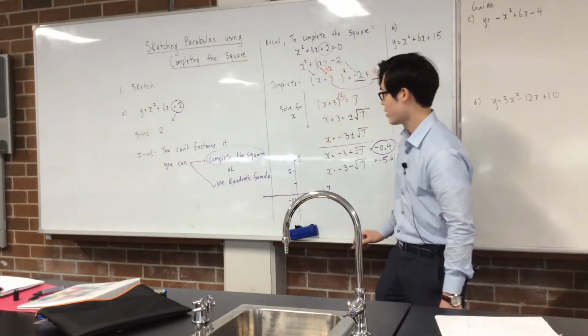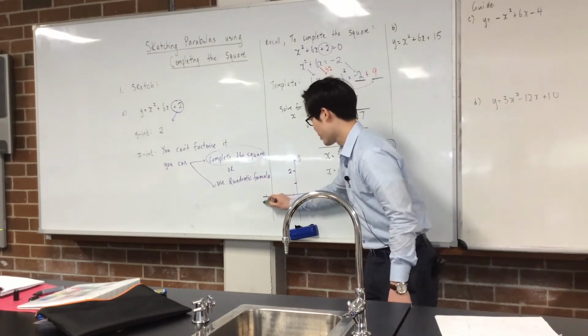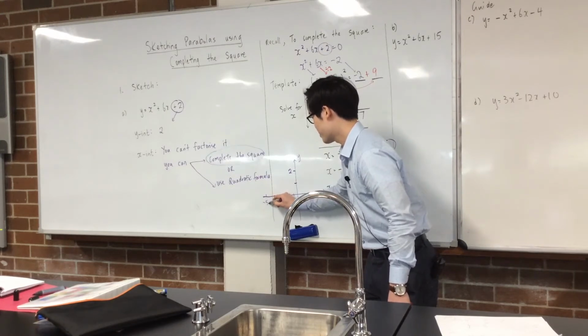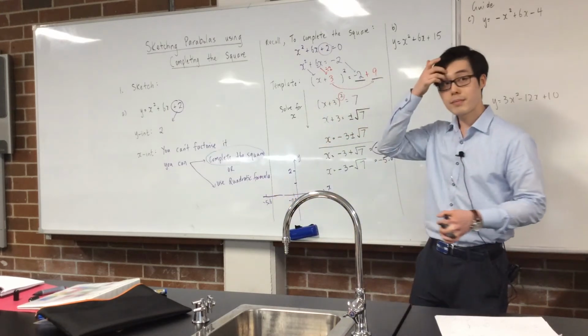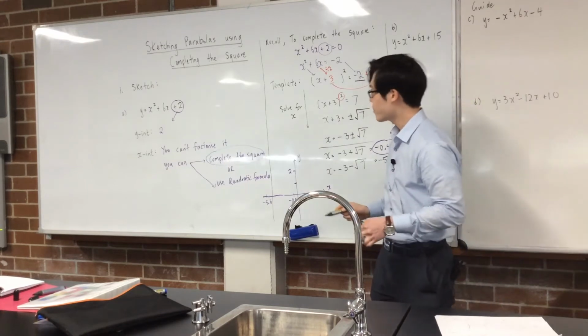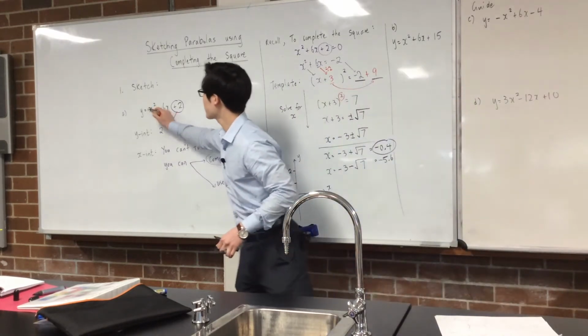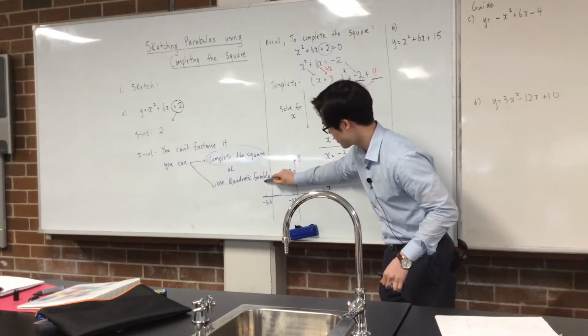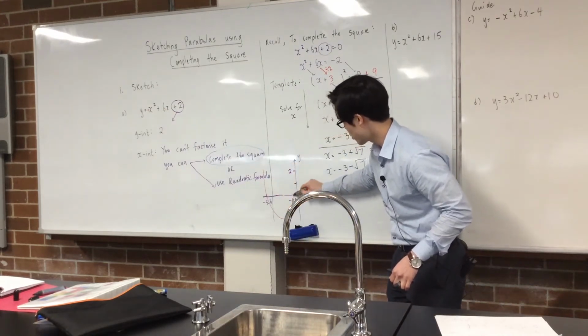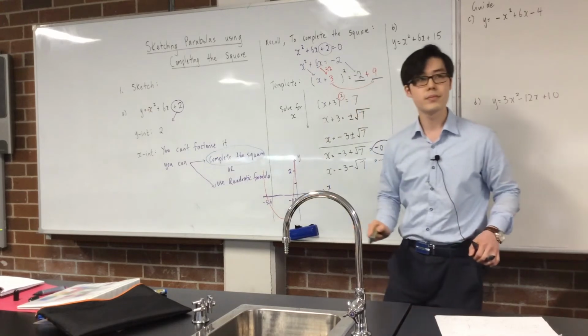Okay, my scale's pretty off. You get the point. Let's say minus 5.6 is like there. And then concave up or down? Up, because it's positive in front. So let's join these 3 points up. So that's your graph. Don't you have to find the turning point?